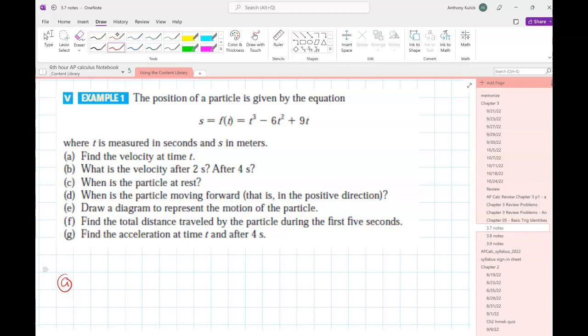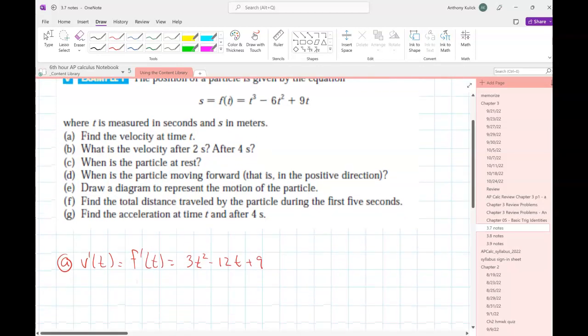We did a lot of stuff pretty similar to this. What's the relationship between velocity and position? Velocity is the derivative. Great. Velocity is the first derivative of position. So that means it's going to be 3t squared minus 12t plus 9.